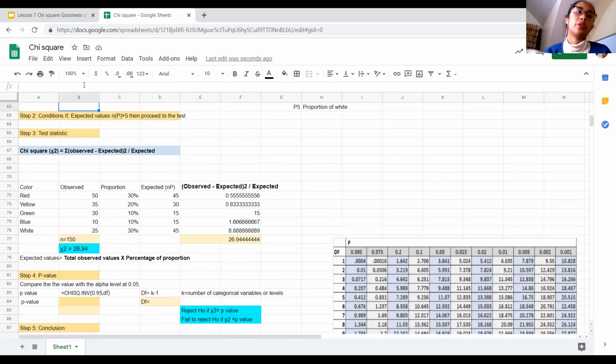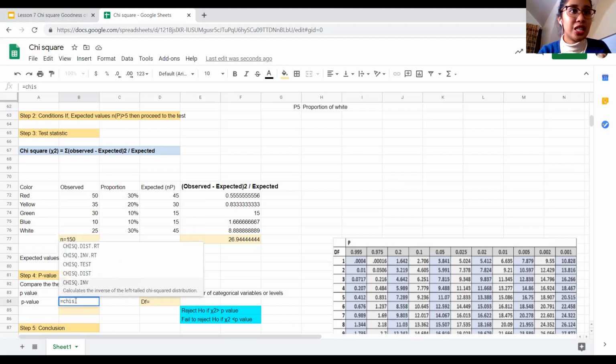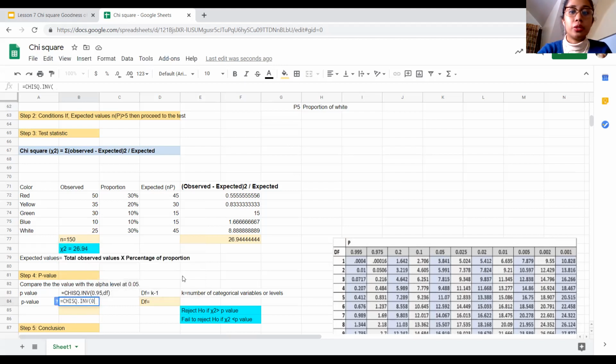Sa step 4. So, compare the value with alpha level at 0.05. So, class, chi-square inverse, 0.95 kasi nga alpha is 0.05. Degrees of freedom is 4, diba?